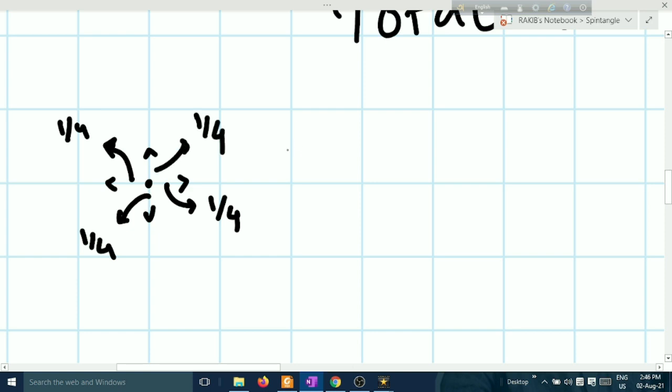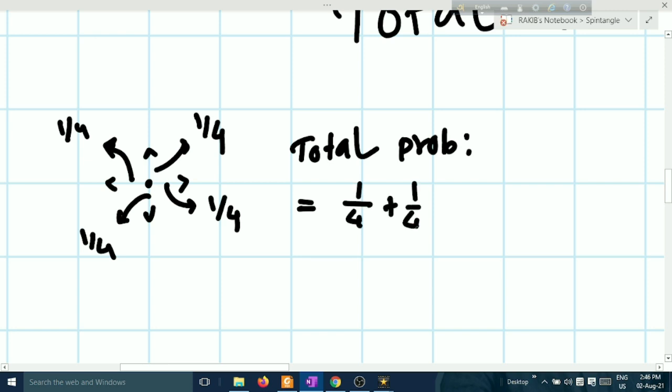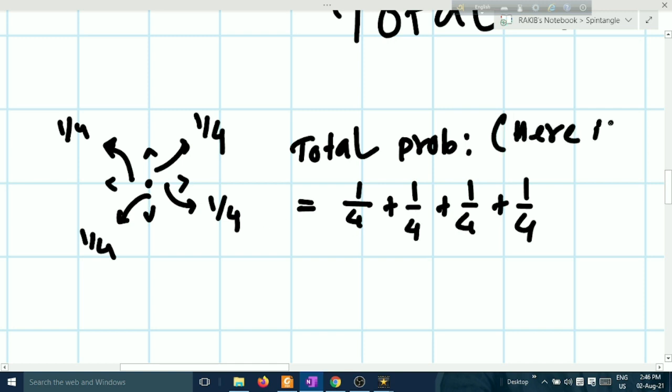So the total probability will be what? The total probability in this case will be 1/4 plus 1/4 plus 1/4 plus 1/4. Why have I taken a plus sign here? Because here is an OR relation. Why OR?